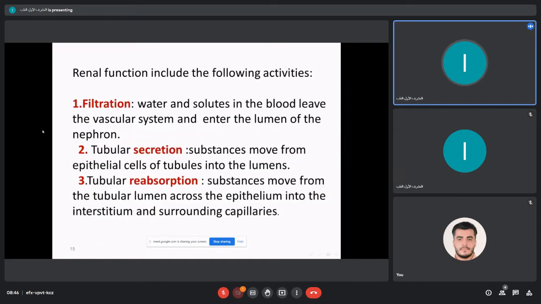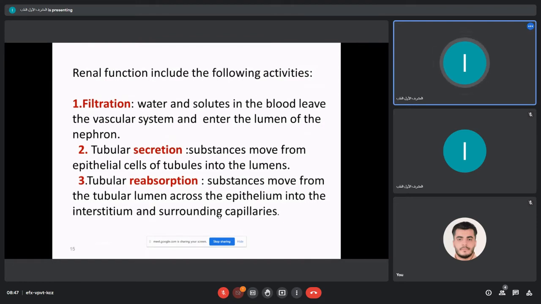The major function, as said, is filtration. Also, there is tubular secretion, and secretion means that substances will move from the lining epithelial cells into the lumen, secreted into the lumen with the filtrate or the urine, while tubular reabsorption means that certain substances present in the tubular lumen will be reabsorbed back through the epithelium, first through the epithelium, then into the surrounding interstitium, and then into the blood vessels in the interstitium, back into the circulation.